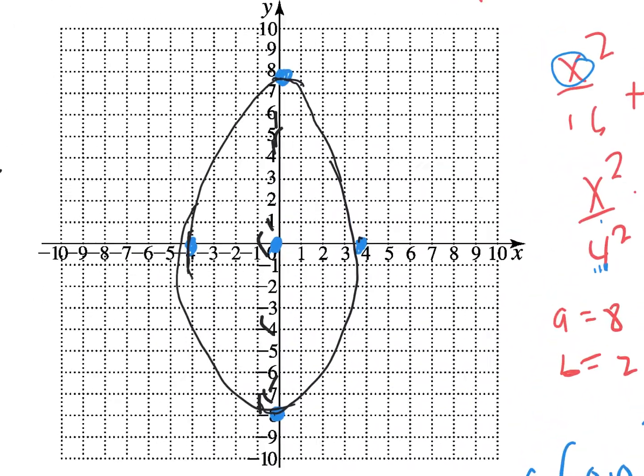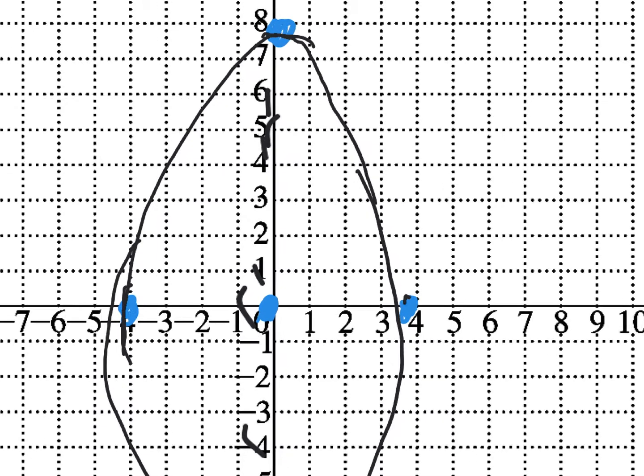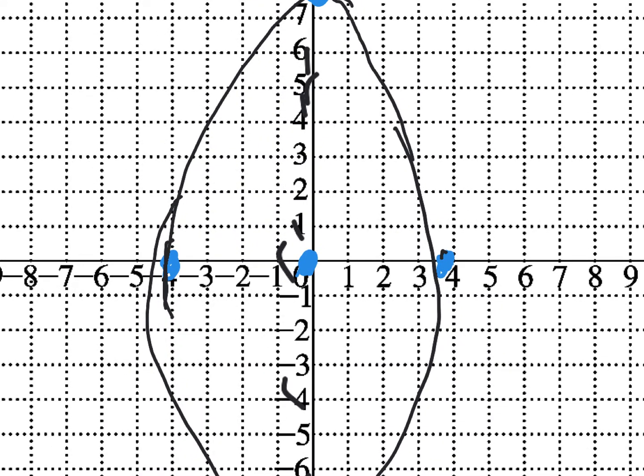So I go up. How big is 4 square roots of 3? Well, square root of 3 is approximately 1 point... what is it? Obviously it's bigger than 4 and less than 5. So let me just go up 1, 2, 3, 4, 5.